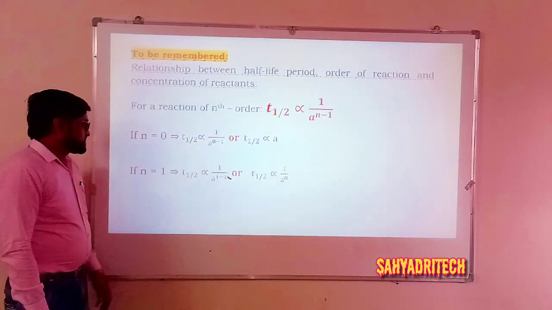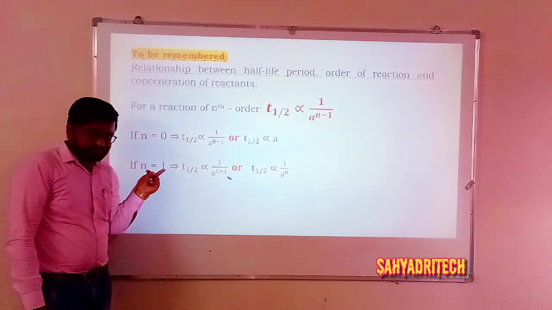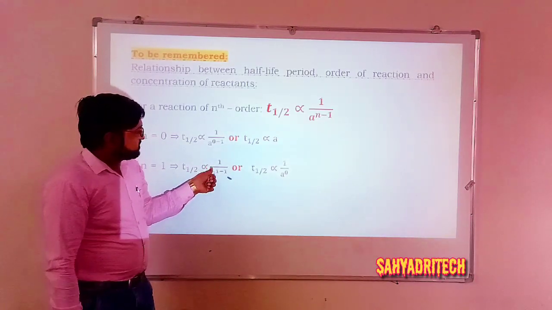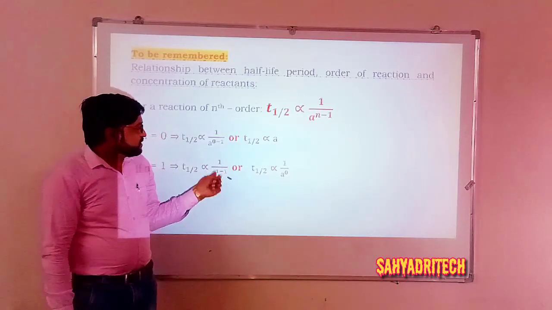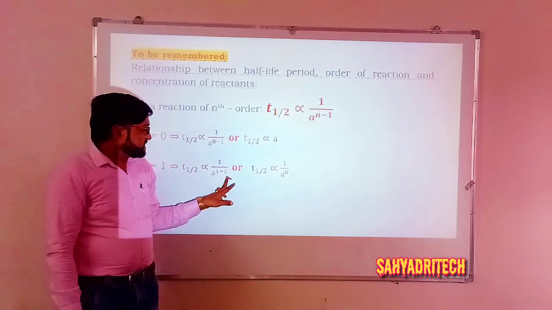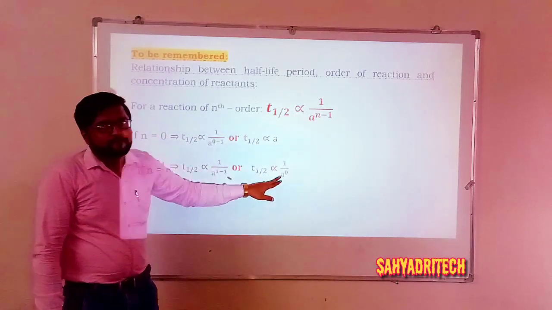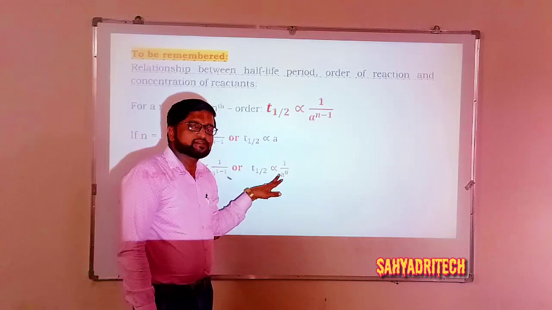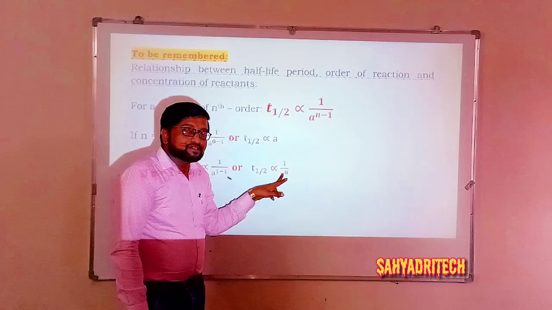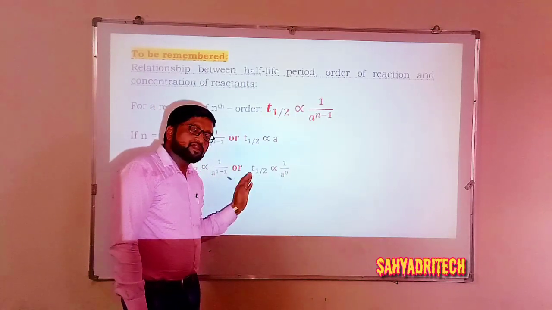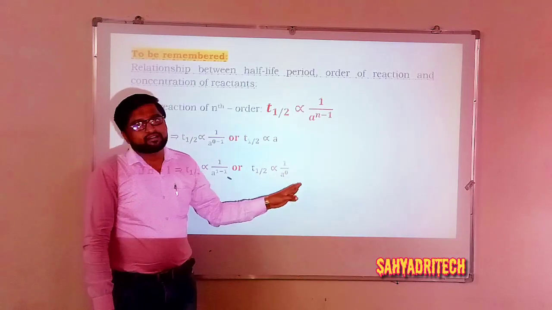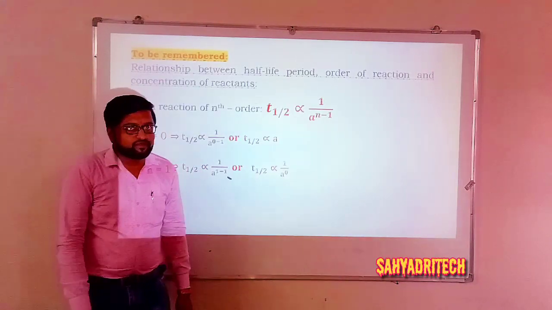Similarly, if you go for first order, if n is equal to 1, T half is proportional to 1 divided by A raised to, at the place of n, now I have to write 1. 1 minus 1 means A raised to 0. Anything raised to 0 means 1. So T half is proportional to 1. In the sense, the half-life period of a first order reaction does not depend on the concentration of the reactant species involved.